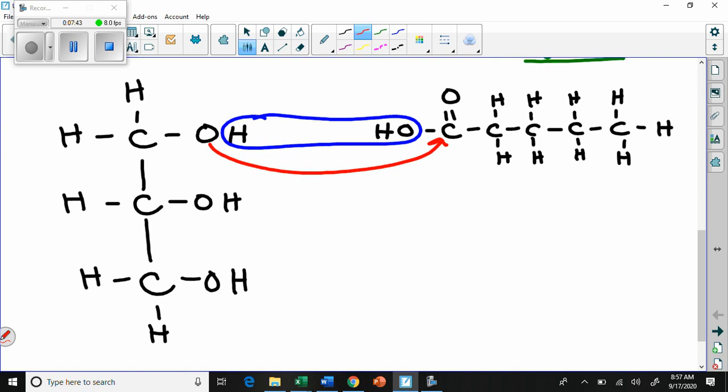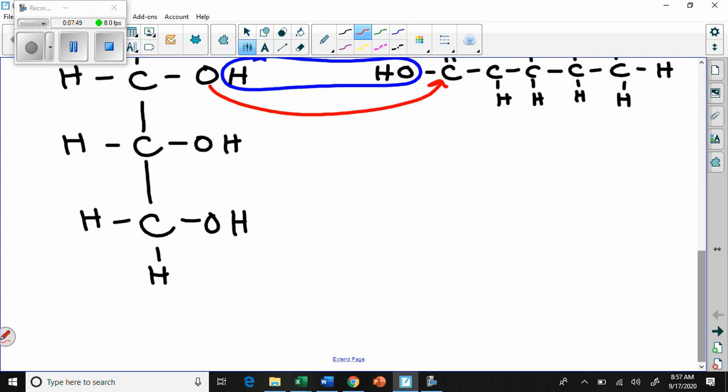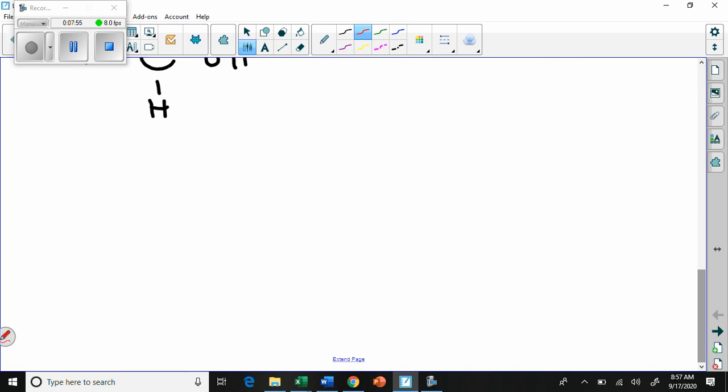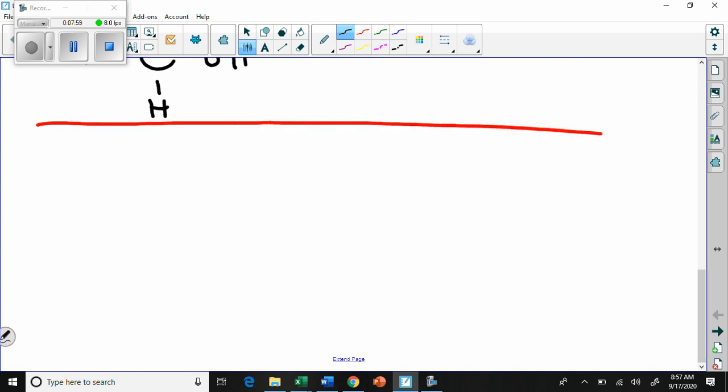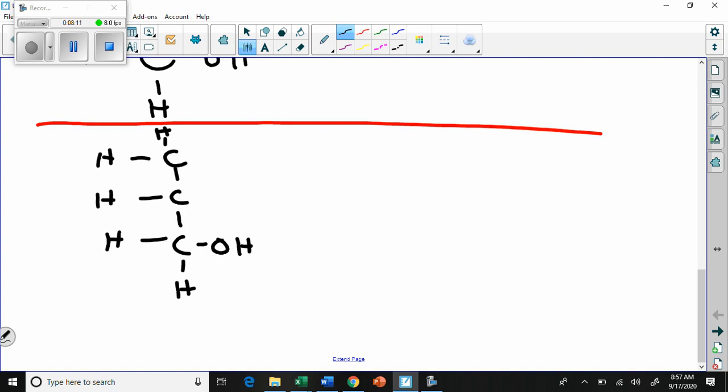Right? So now I'm going to go down and draw the picture again and show how they would be bonded. So we'll jump down a little bit, draw a line to keep it straight, and draw our glycerol one more time. So 3 C's, H's on one side, and on the top and the bottom, and the OH's here and here.